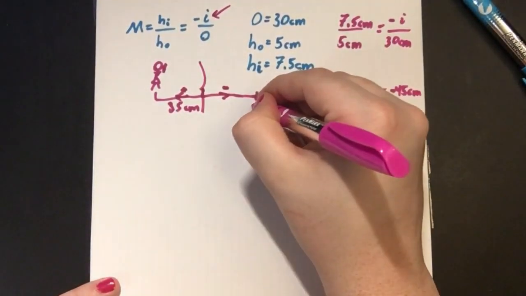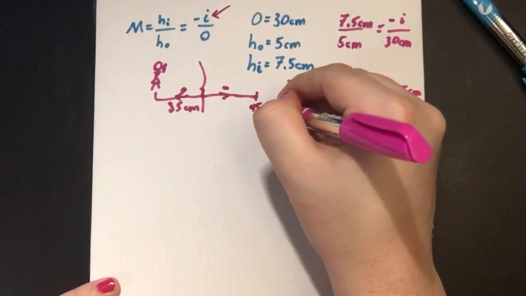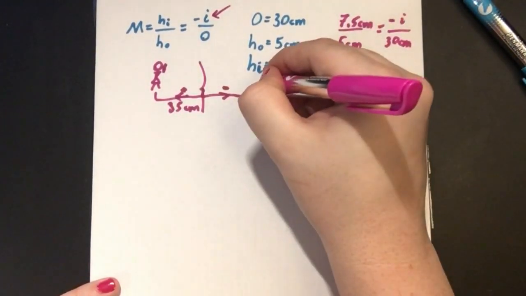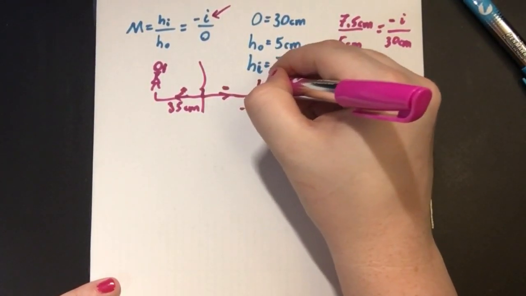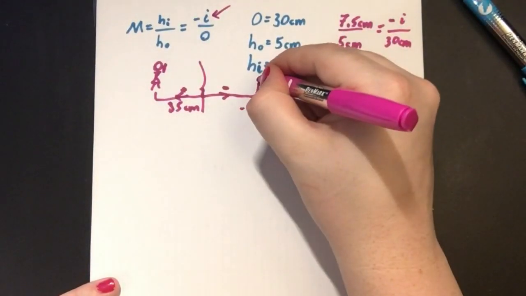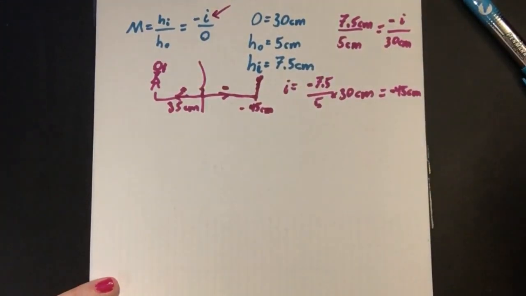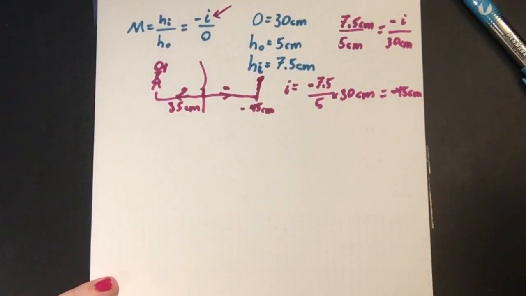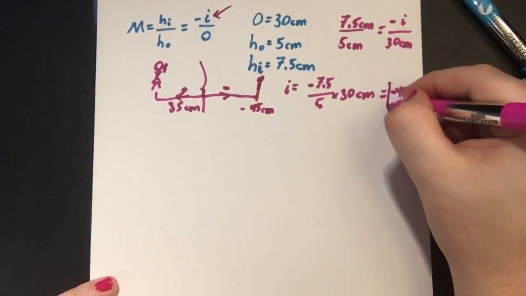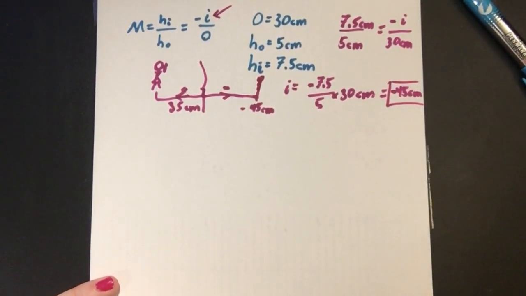So we will see the image at this negative 45 centimeter mark, taller than the original candle. That's supposed to be a candle there. Boom. Okay, so this is what we get for our answer, negative 45 centimeters.